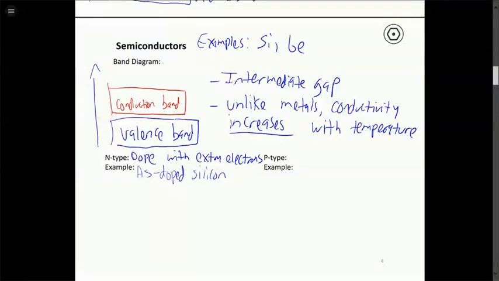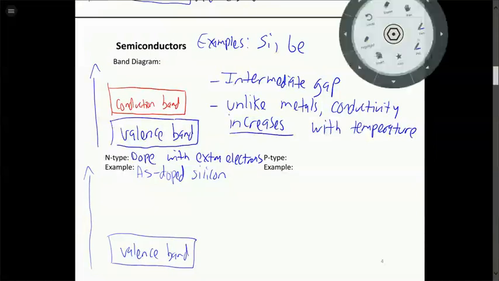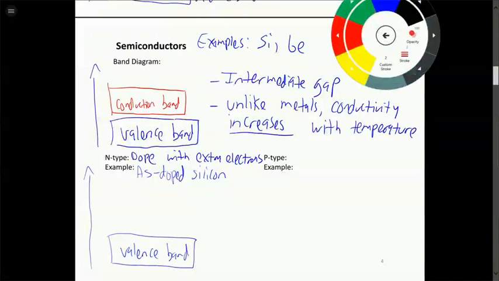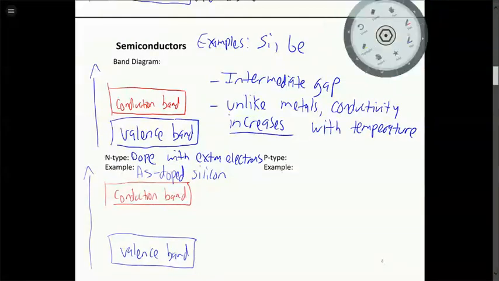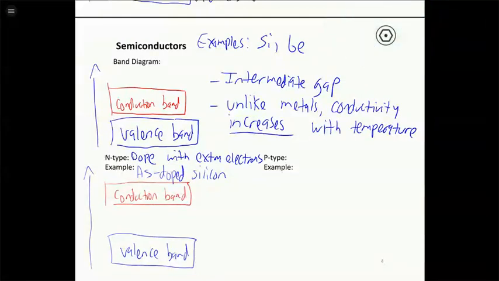And the reason that this works, and the reason that it gives us better semiconducting properties, is that we have our valence band and our conduction band separated by some gap. I'll sort of exaggerate the gap here to show you how this works. So our valence band and our conduction band, but then what happens is if we put a little bit of arsenic in here, arsenic has extra electrons.